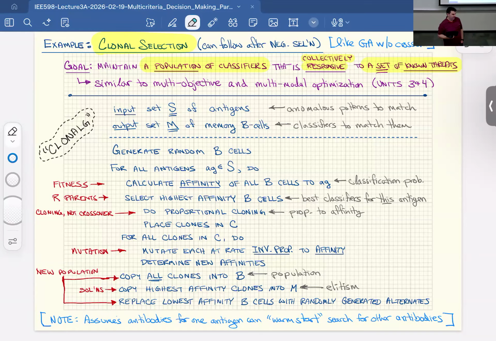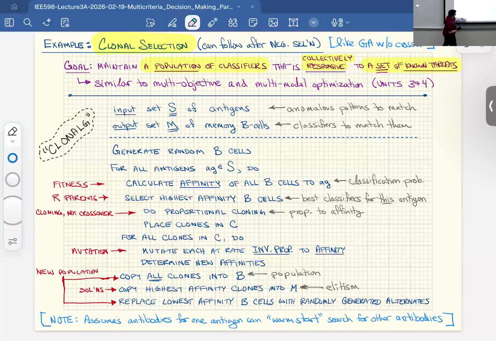And then for each antigen, I just want to know the gist of this whole algorithm: for each antigen, it runs through and generates M cells, the elite cells, and the rest go back to the algorithm and get the rest of the antigens.